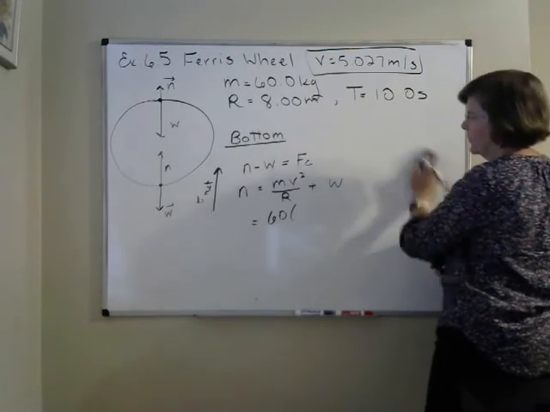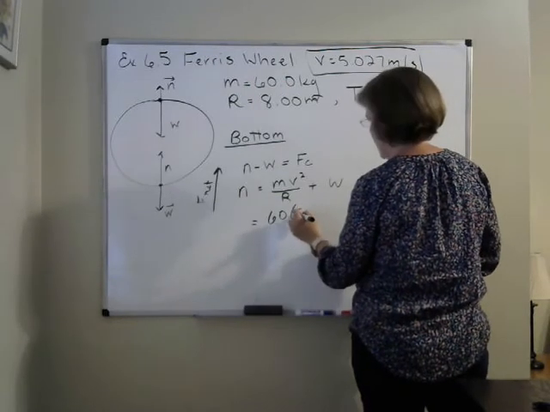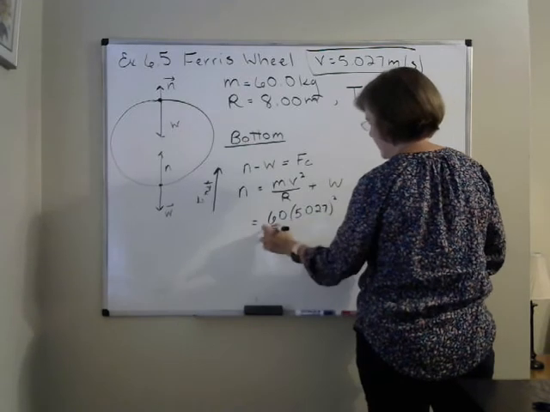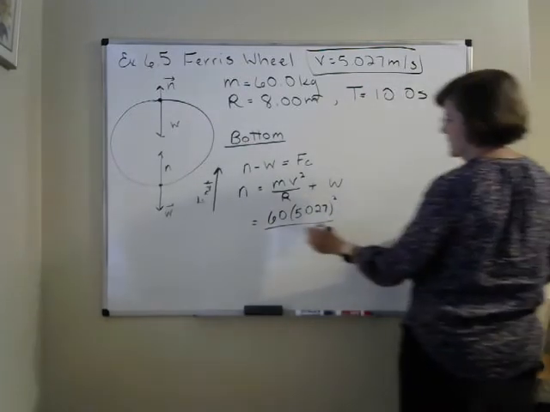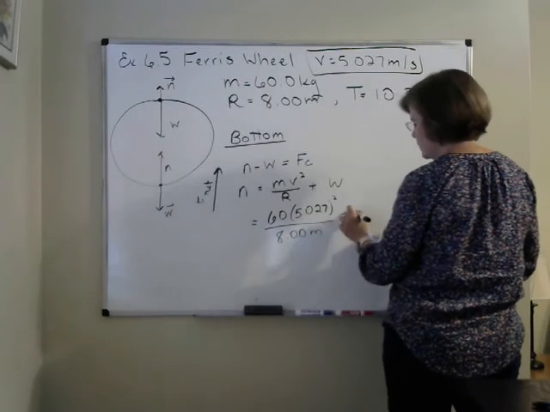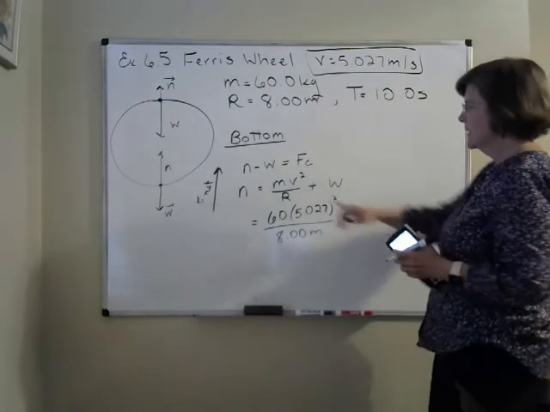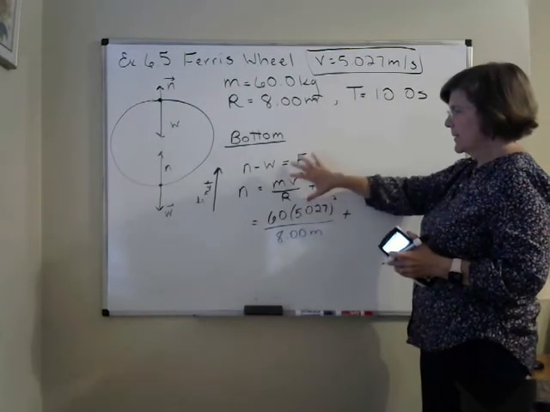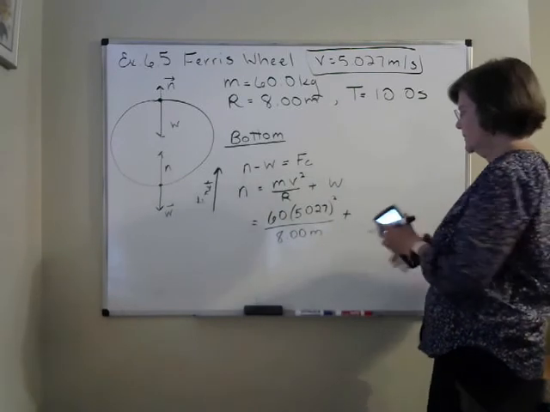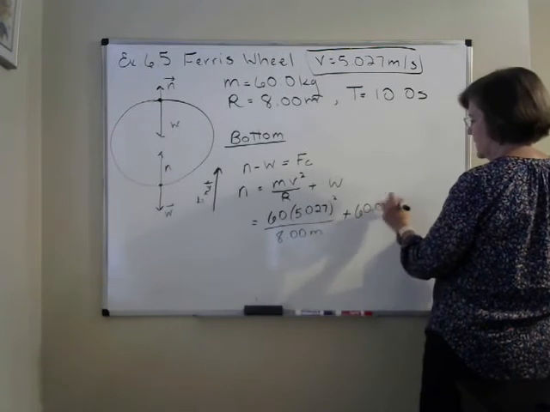So, 5.027 squared over the radius, that's 8 meters, plus your weight. The normal force has to be big enough that when you subtract off the weight, you get the net force. So our weight is 60 times 9.80.